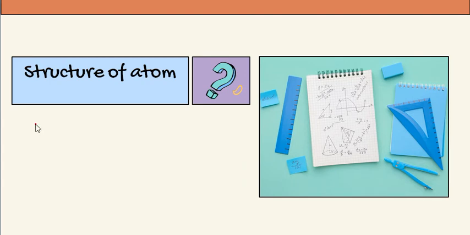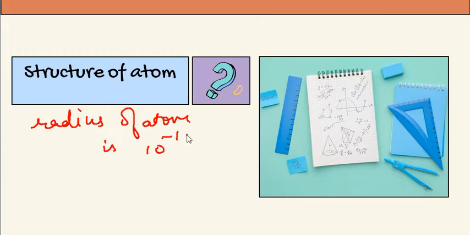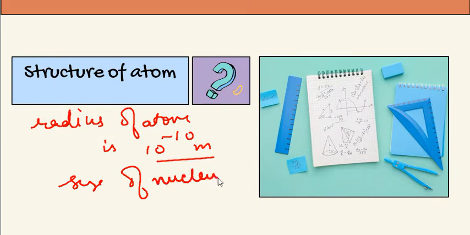The radius of an atom is of the order of 10 raised to the power minus 10 meters, and the size of the nucleus is of the order of 10 raised to the power minus 15 meters.